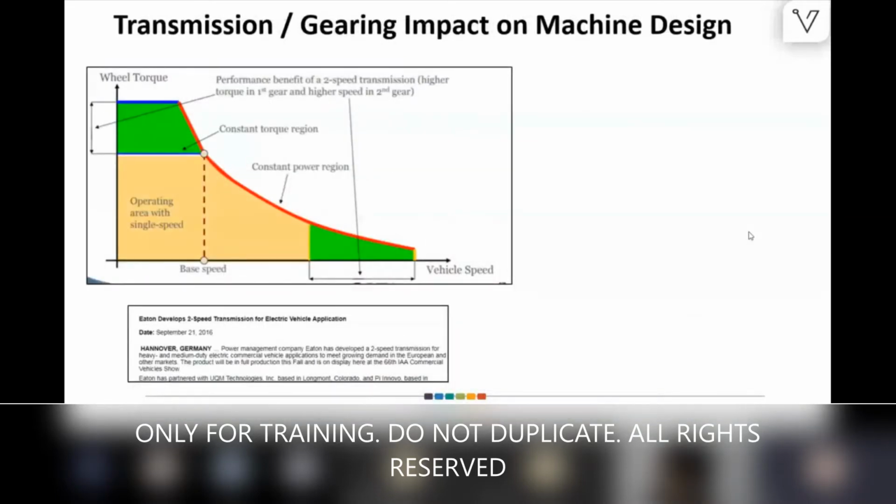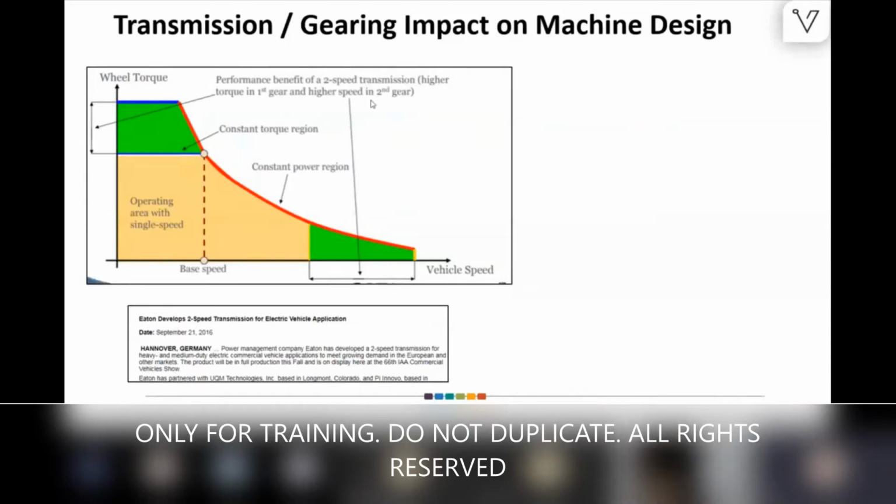Coming to the gearing now, because it is closely associated with the machine, we will go into detail later, but as it is very close to the machine topic, you can see that with gearing we can boost the torque. If we have two-speed gearing, we can take advantage of increasing the top speed. For vehicle performance, if you want 120 kilometer per hour as your top speed and you are getting say 100, then we can do that with a second gear.